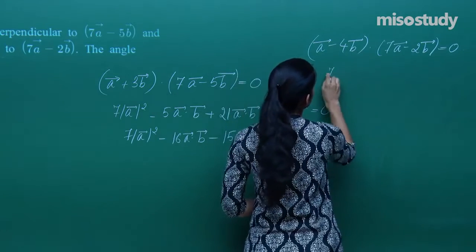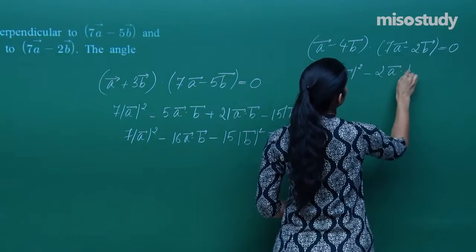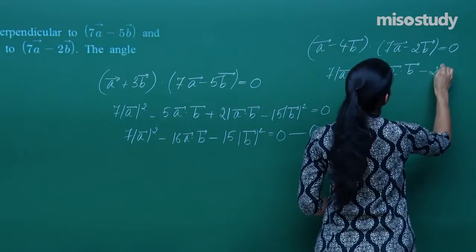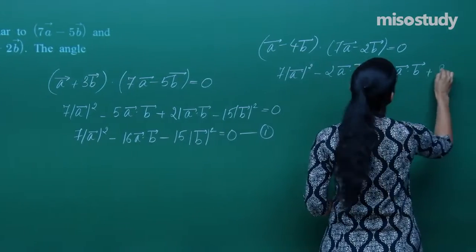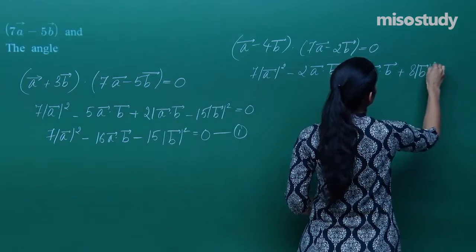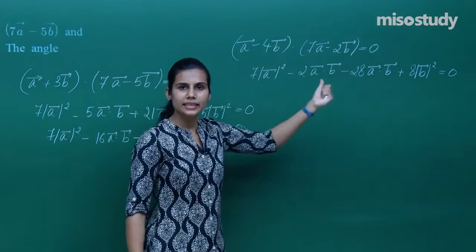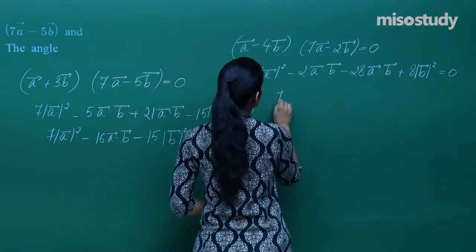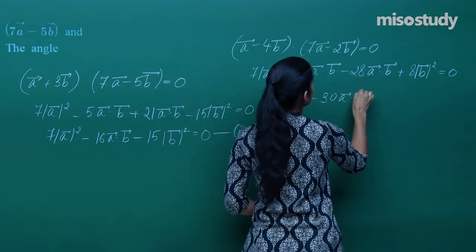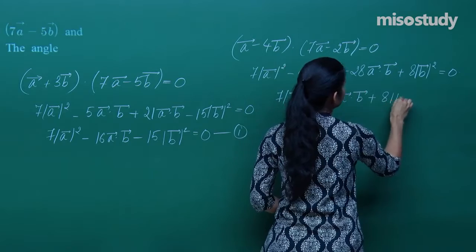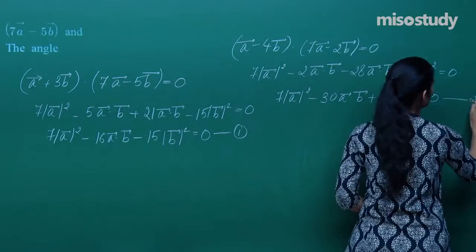A dot 7A is 7 times again mod A square, minus 2 times A dot B, minus 28 times A dot B, plus 8 mod B square, minus 4B dot minus 2B, which is 8 times mod B square. So this becomes 7 times mod A square minus 30 times A dot B plus 8 times mod B square is 0. This is the second one.